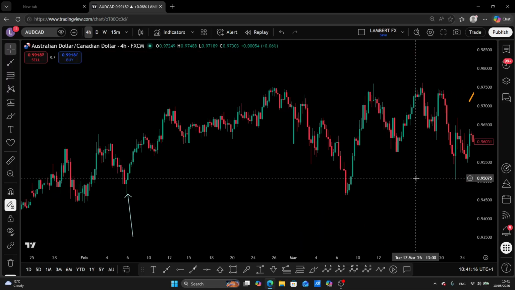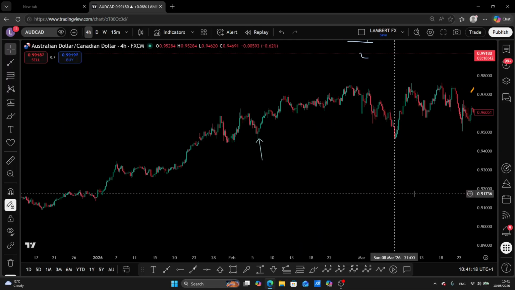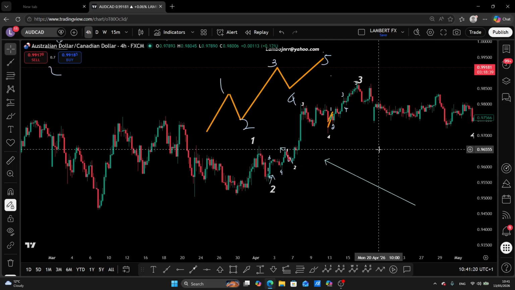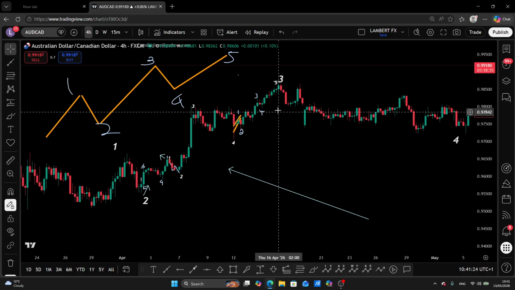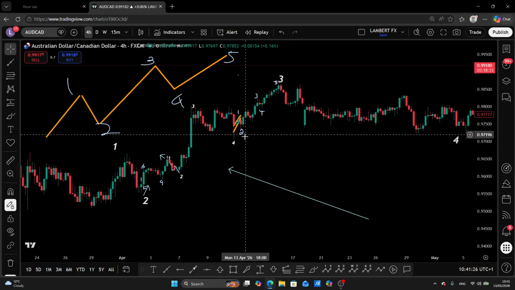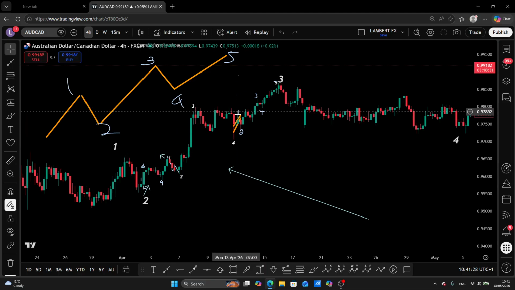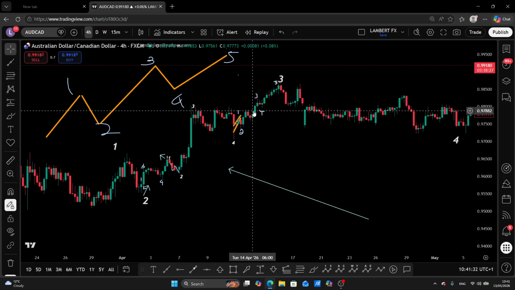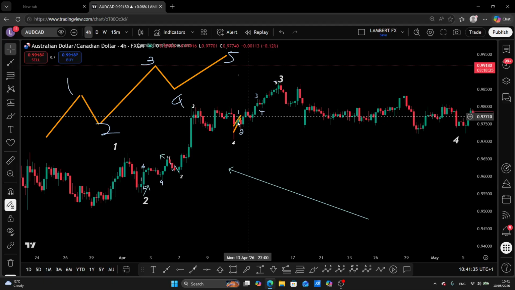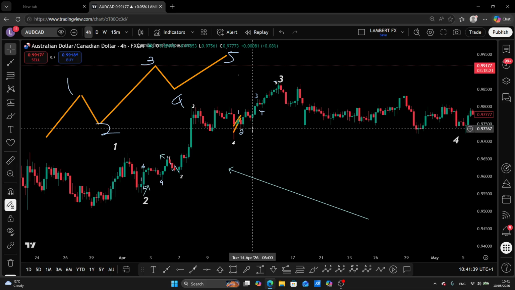Okay, so if you're finding it difficult to identify a wave on the bigger time frame, drop down to a lower time frame, you will see the numbers. Can you see how we've labeled 1 2 3 4 5 on the lower time frame? Even though we looked at this initially on the 4-hour time frame, this is the good thing about the Elliott Wave principle.